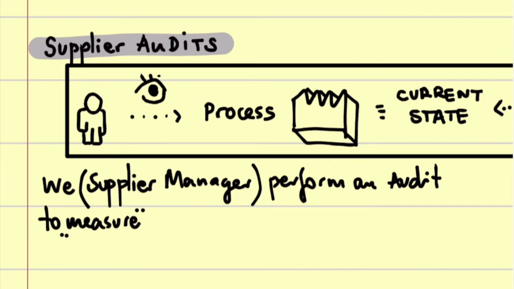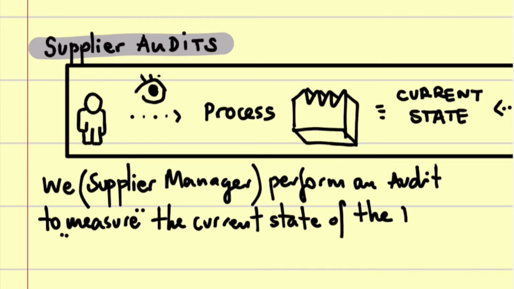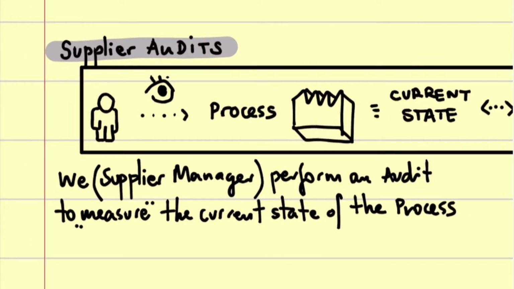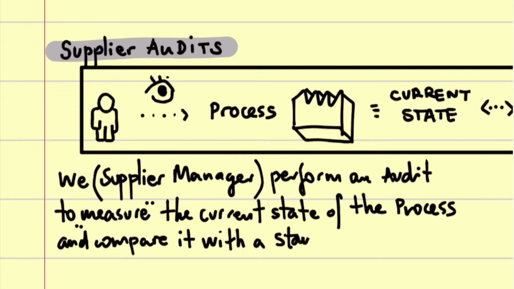To measure the current state of the process and compare it with a standard, which is, let's say, a desired state of the process.